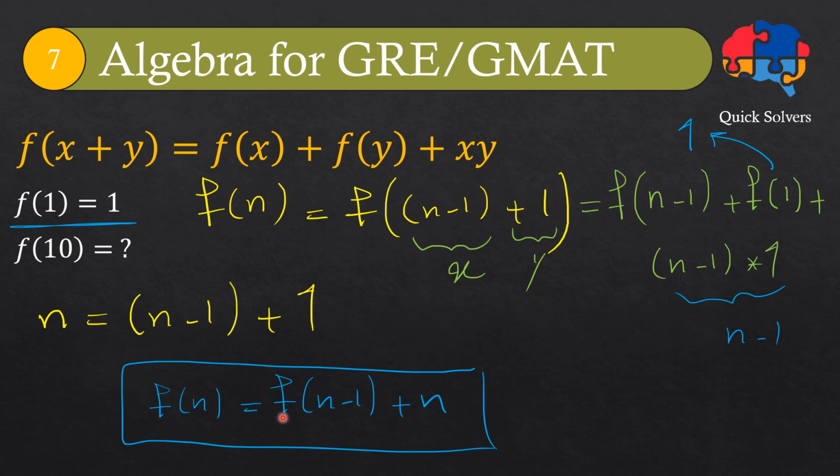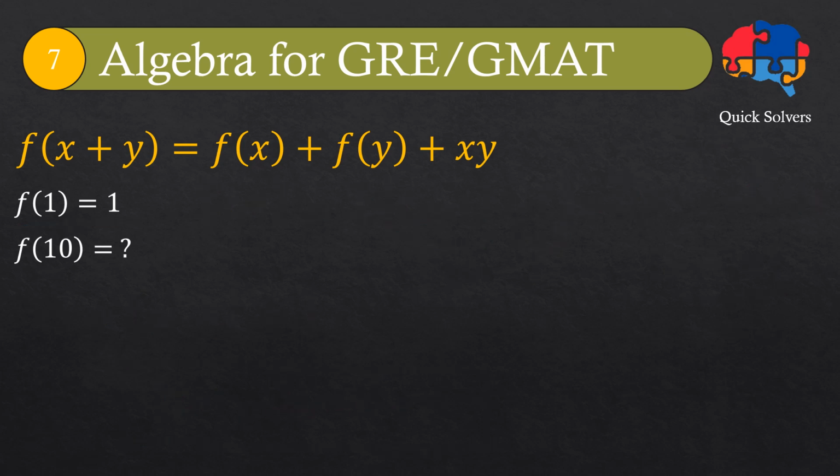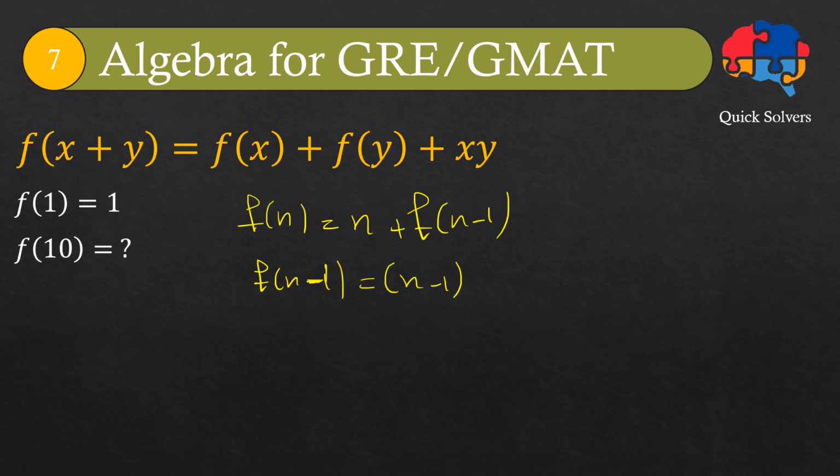And this is very, very familiar, isn't it? We have f of n, which equals n plus f of n minus 1. And f of n minus 1, following this definition, is n minus 1 plus f of n minus 2.